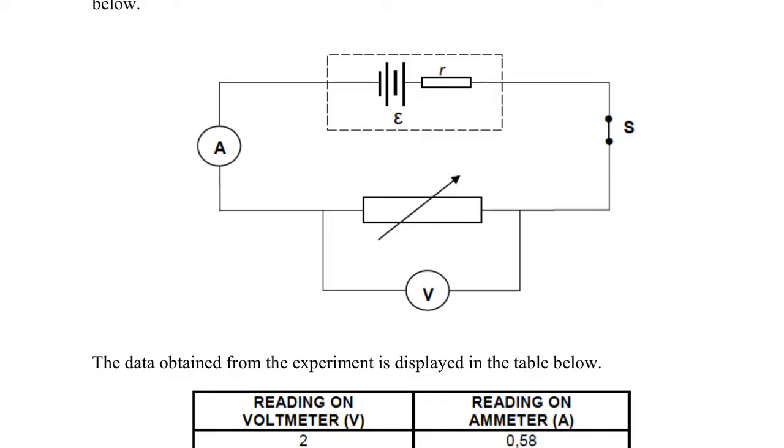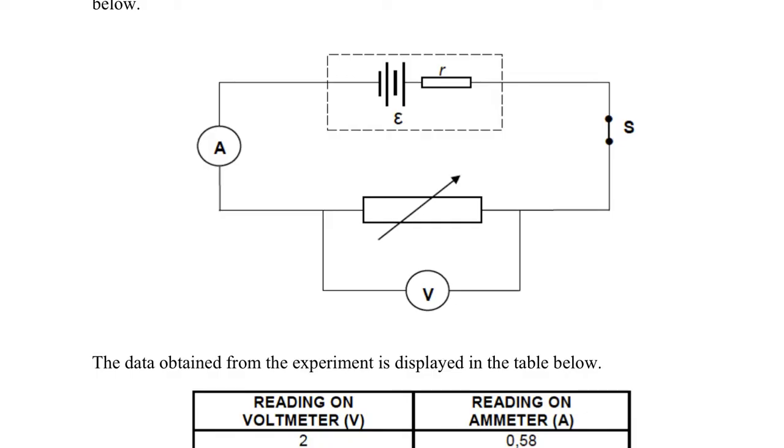This battery is then connected in series with an ammeter, and then there is a single external resistor in the circuit, as opposed to the previous video lesson where we had a constant resistor and a variable resistor in series with each other.